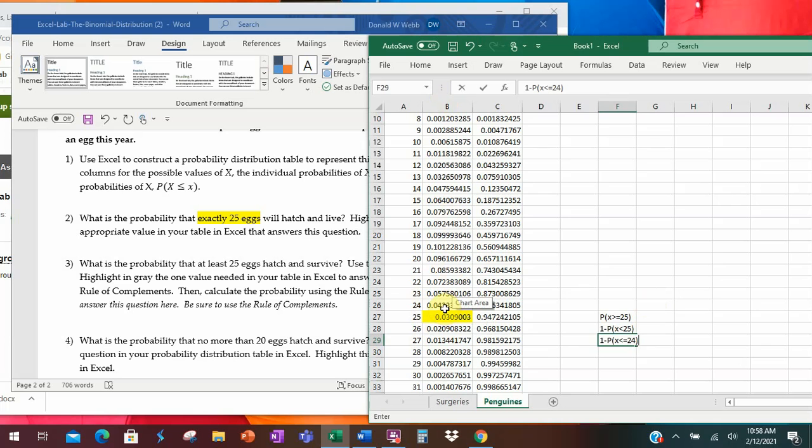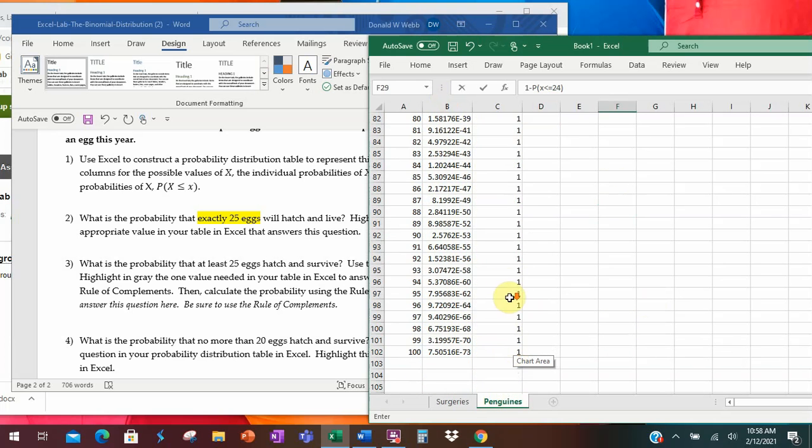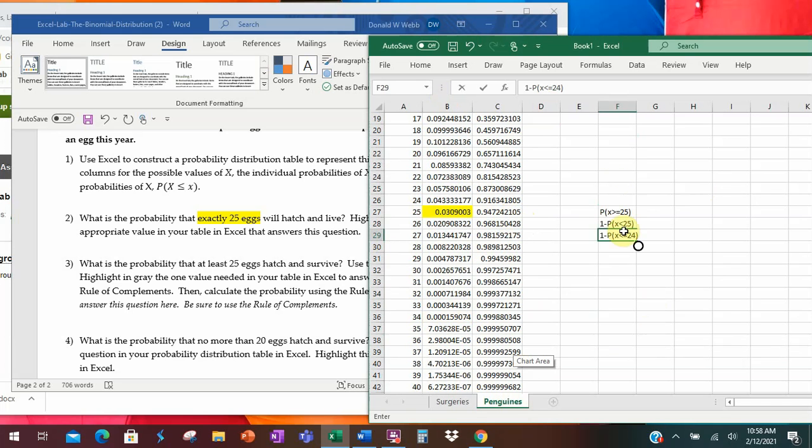I know everything's going to add up to 1. If I do all of these things, all this stuff is going to add up to 1. So I'm going to subtract those off from the 24. So all I have to do is go equal 1 minus the 24, this is the summation from all of those previous ones. So I just click on that and that gives it to me. Okay.